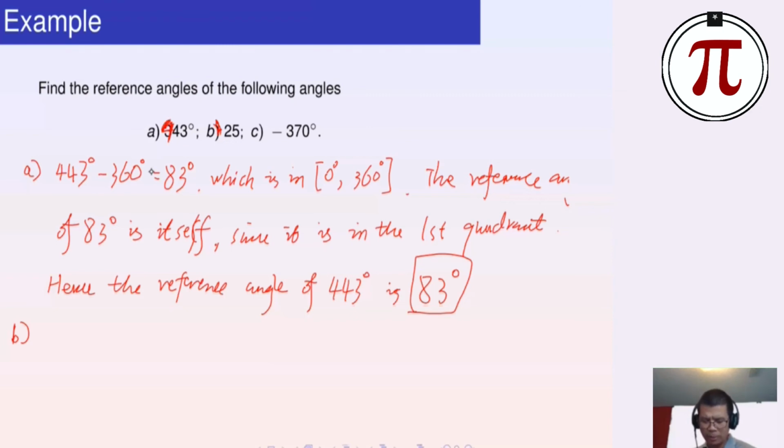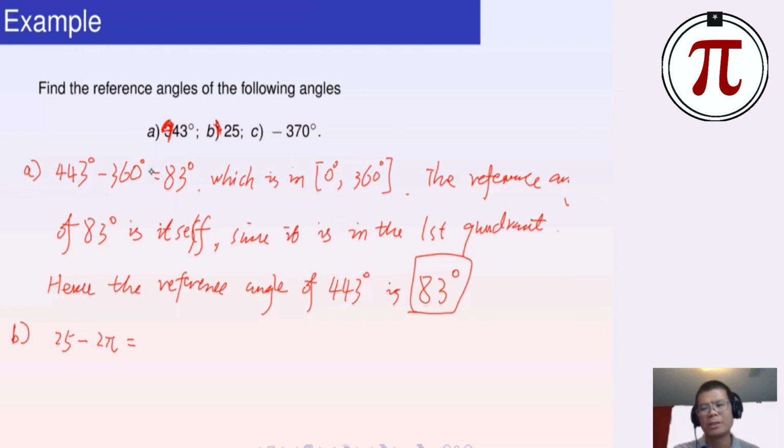If it is 4 times 2 pi, that's about 8. You may use the calculator and see. So 25 minus 2 pi equals, you can figure it out.